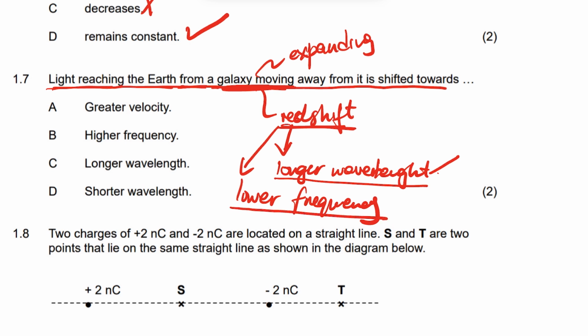So the light reaching the earth from the galaxy moving away is shifted towards the longer wavelength, not a greater velocity or higher frequency, because it's a lower frequency and a longer wavelength. So the answer is longer wavelength and not a shorter wavelength. The shorter wavelength and higher frequency are the blue shift, right?